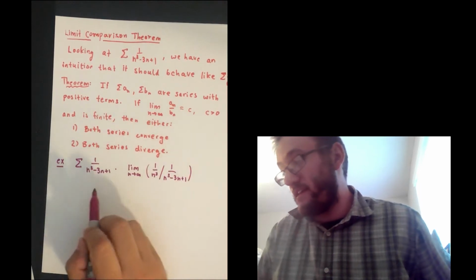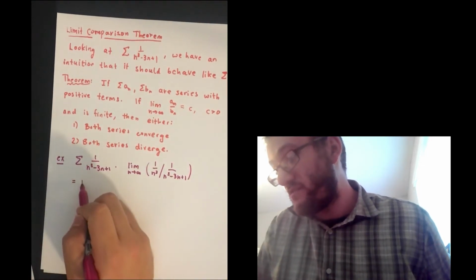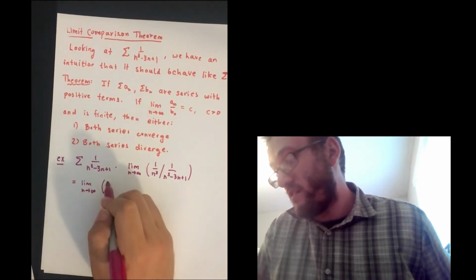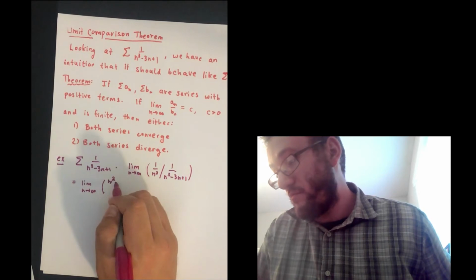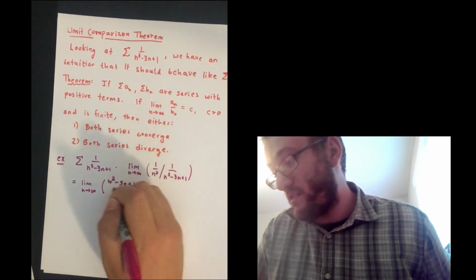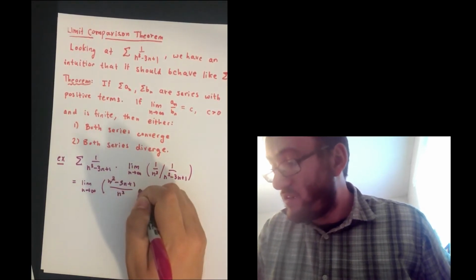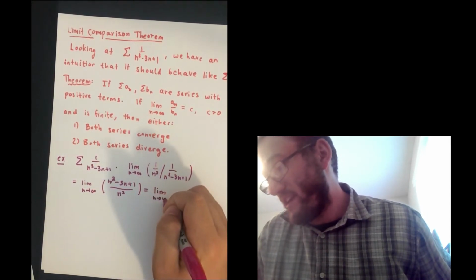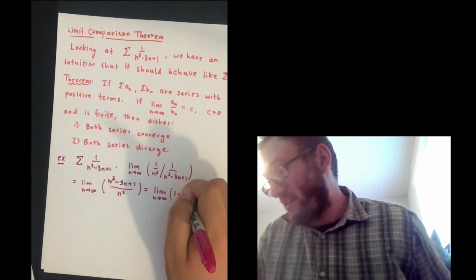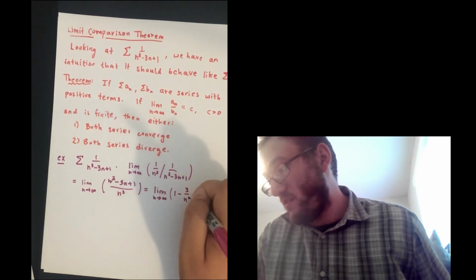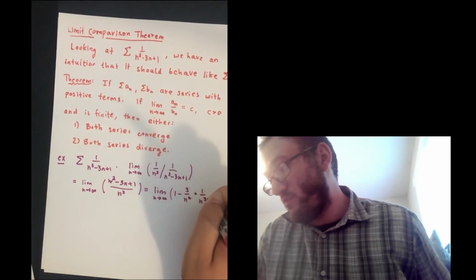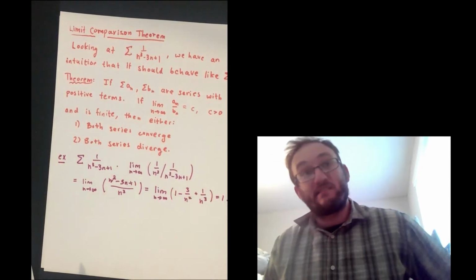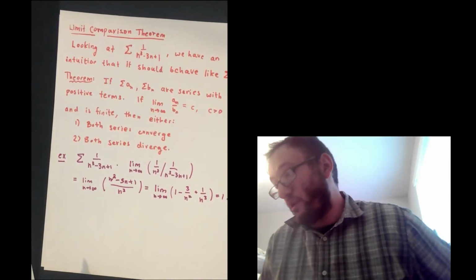And we find this, we can simplify fractions. Limit as n goes to infinity of n cubed minus 3n plus 1 divided by n cubed. Distributing, we get the limit as n goes to infinity of 1 minus 3 over n squared plus 1 over n cubed, which is 1. And this is a finite number greater than 0.